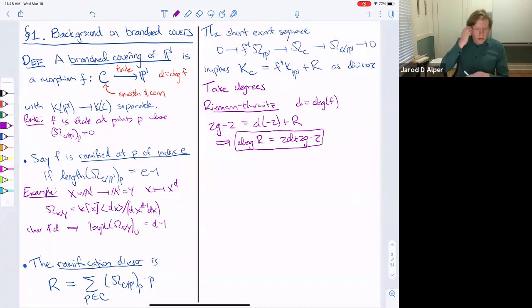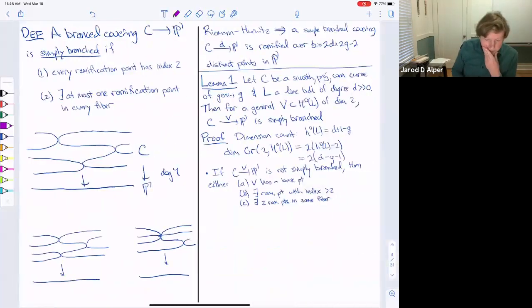All right, and then moving on, we want to restrict to particularly nice branch covers, so we want to consider simply branched covers. We call a branch covering simply branched if every ramification point has index 2, and there's at most one ramification point in every fiber.